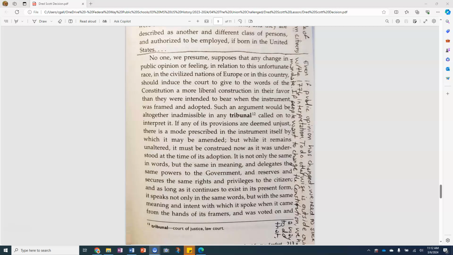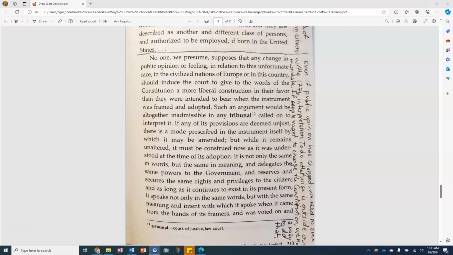What he's saying is, no one, we believe, supposes that any change in public opinion or feeling would cause the court to give to the words of the Constitution a more liberal construction. So a more liberal in this sense in the way we use it today. But a more loose construction in their favor than they were intended to bear when the instrument was framed and adopted.